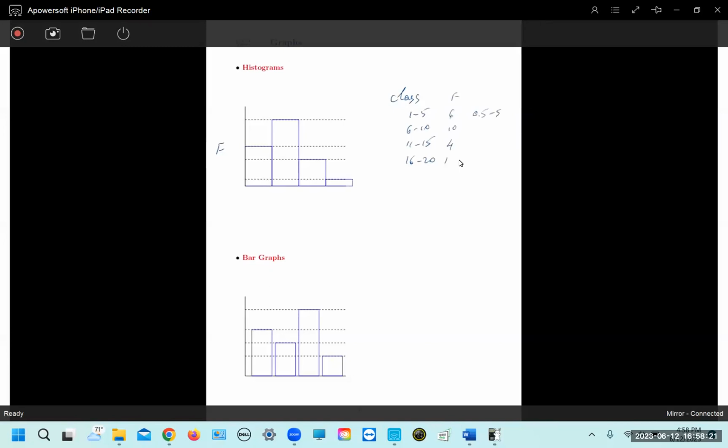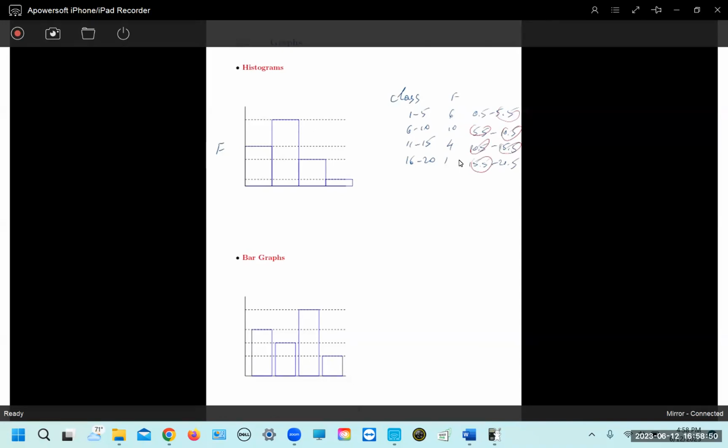And this one is 0.5 to 5.5, 5.5 to 10.5, 10.5 to 15.5, 15.5 to 20.5. So as we know all this. So we know that.